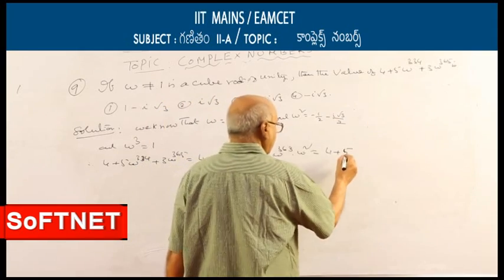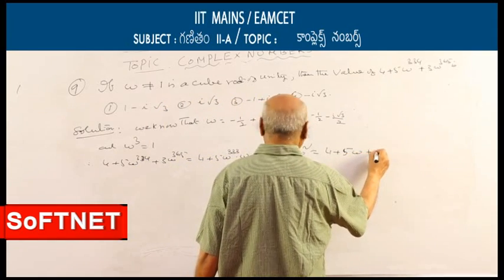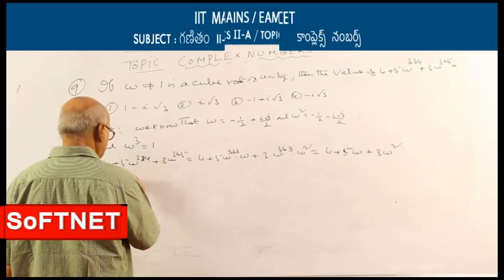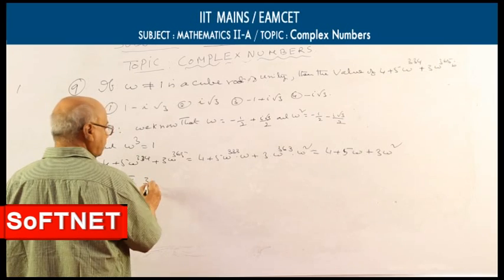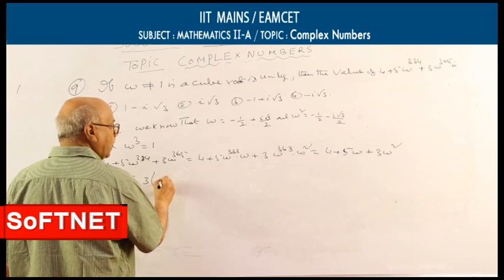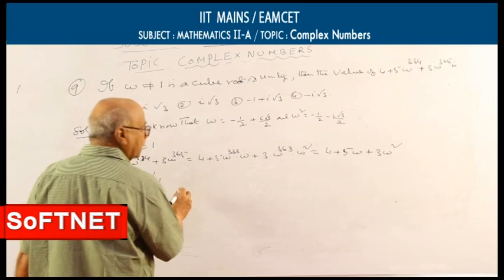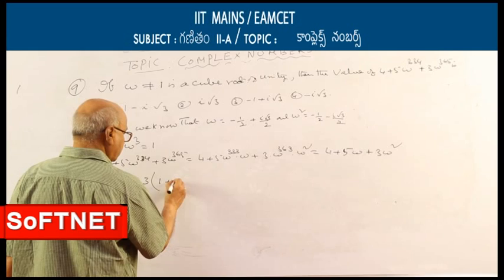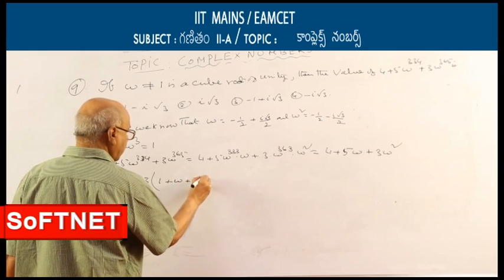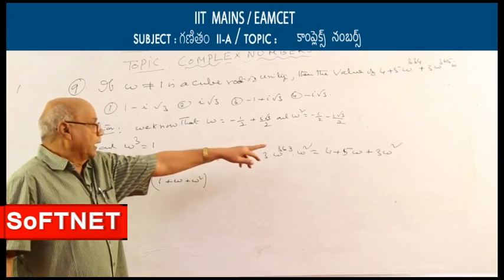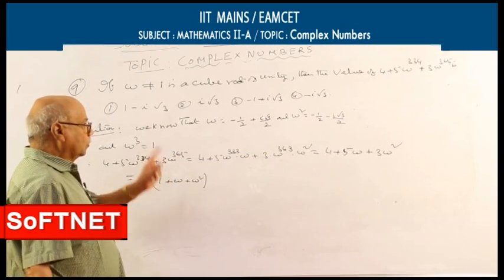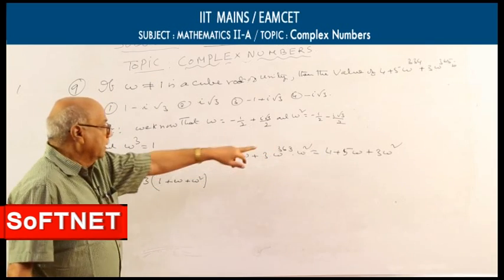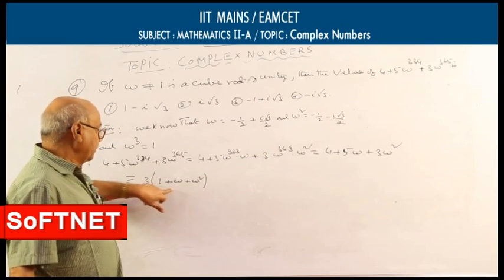So this is nothing but 4 plus 5 omega plus 3 omega square. And if you take 3 outside, 3 into 1 plus omega square. Now see, 5 omega is there, 3 omega, so 2 omega is left behind, 3 omega square is there, and 4 is there, but here if you multiply you will get 3.